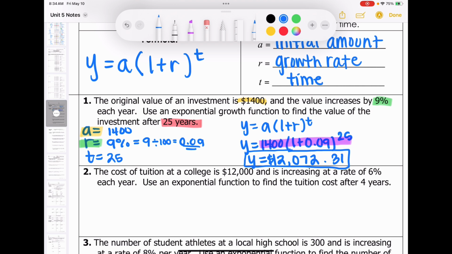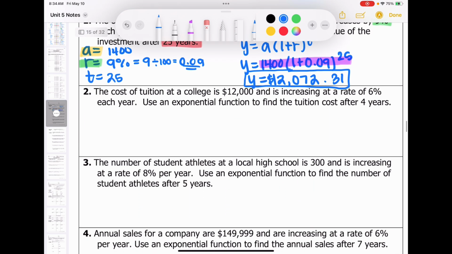All right, let's do number 2. The cost of tuition at a college is $12,000 and increasing at a rate of 6% each year. Use an exponential function to find the tuition after 4 years. All right, so a is our initial amount. So the tuition for college is currently at $12,000, but it's increasing.